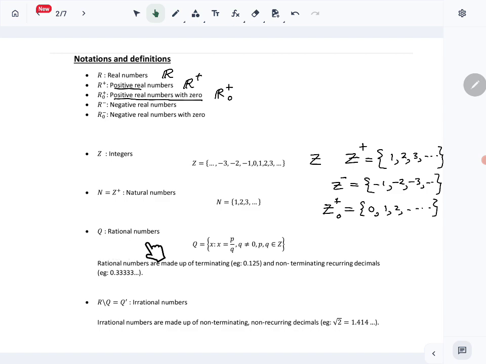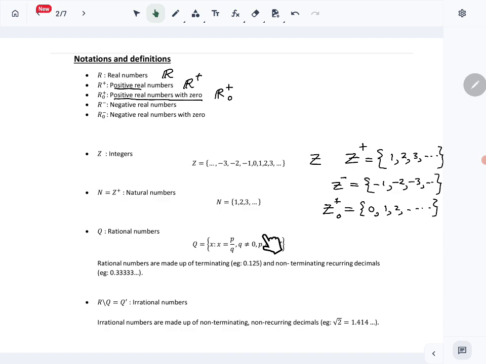Then the next set is rational numbers. Rational numbers are defined like this: x is a rational number if it follows these conditions. X can be written as a fraction like this: p over q, where q cannot be 0 because we can't divide by 0, and p and q are integers with no common factors.